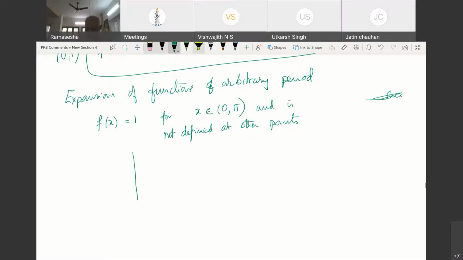So there I can repeat it. Now I can expand it in many different ways.